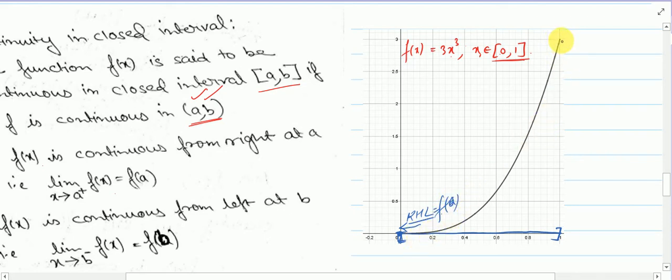and at this point 1, this function should be continuous from the left, so we should have the left-hand limit equal to f(1). And for the remaining points, it should be continuous according to the usual method where left-hand limit, right-hand limit equal f(a).